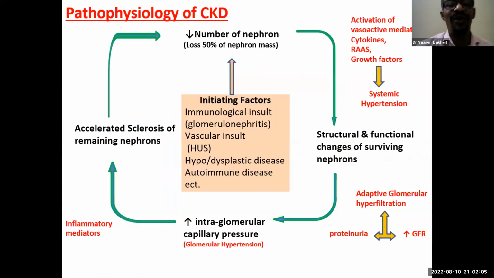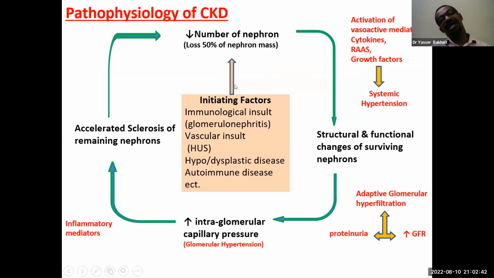So the pathophysiology of chronic kidney disease: whatever the cause or risk factor that reduces the number of nephrons, like immunological insult, vascular insult, dysplasia or autoimmune disease, whatever the cause, as Rashid mentioned in his topic, acute kidney injury can also develop into chronic kidney disease.